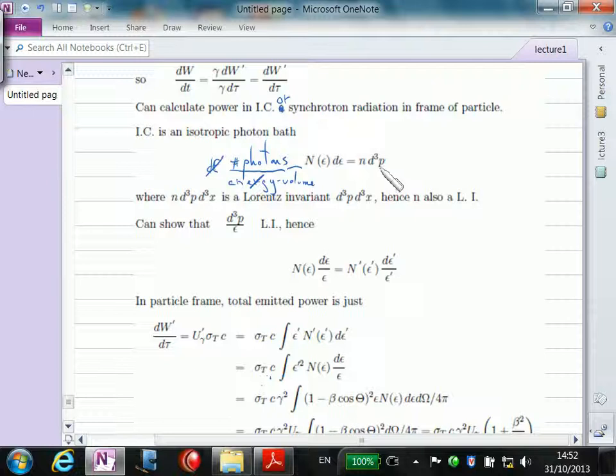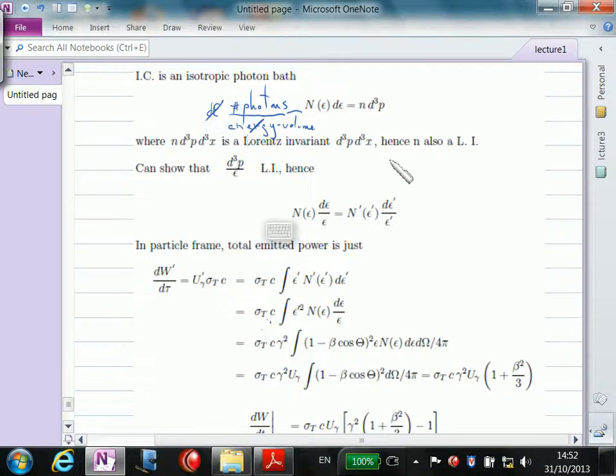And the idea is that the phase space density is a Lorentz invariant because d cubed p d cubed x is Lorentz invariant, and certainly this is just the total number of particles. It doesn't have any units, and anything without units is Lorentz invariant.